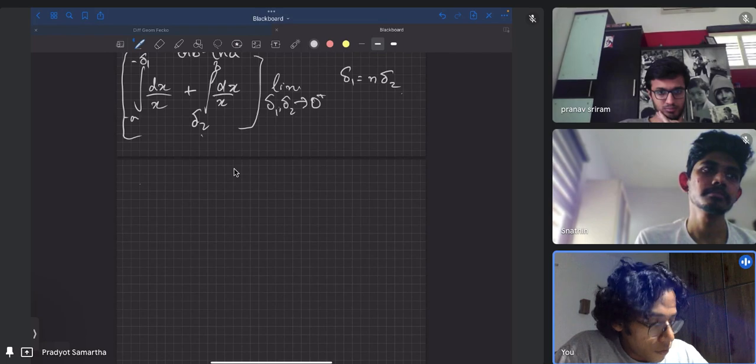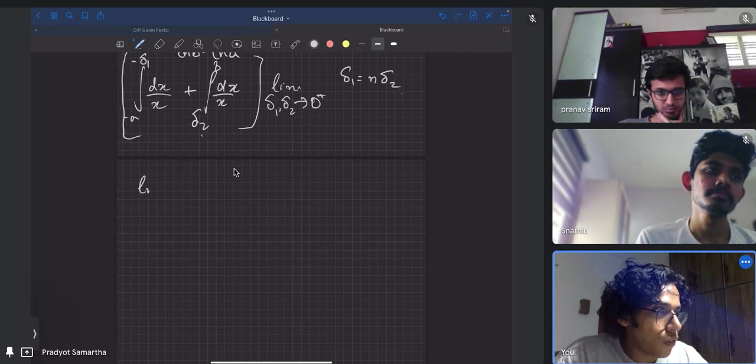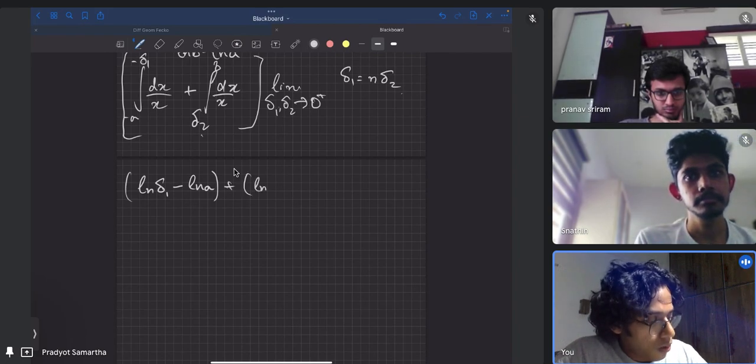So then when we evaluate the same integral, we have ln of delta 1 minus ln a plus ln b minus ln delta 2.